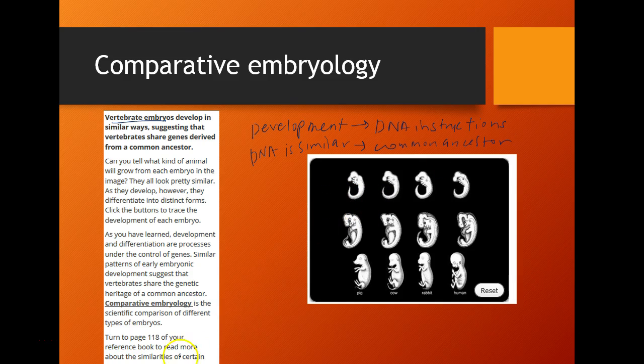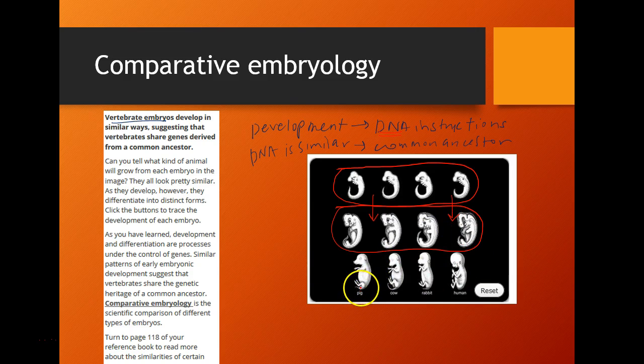And so we see right here that all of these embryos look very similar, right? The starting point is very similar. And even when we look at this second row right here, they still look pretty similar, right? And that means that the development from the beginning to the second stage must be pretty similar, which means that the DNA instructions must have some sort of similarity as well.